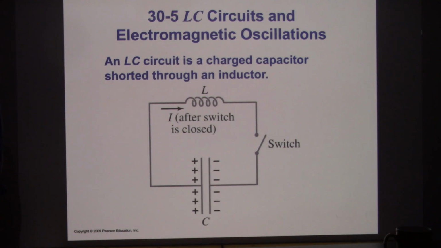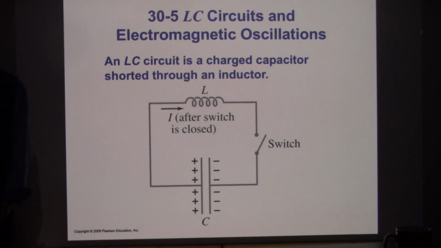When I look at a circuit, the resistors are thermalizing energy. So resistors indicate a place in the circuit where electrical energy is being lost or converted into thermal energy. But the capacitors and the inductors both store energy and then release it back into the circuit at a different time.